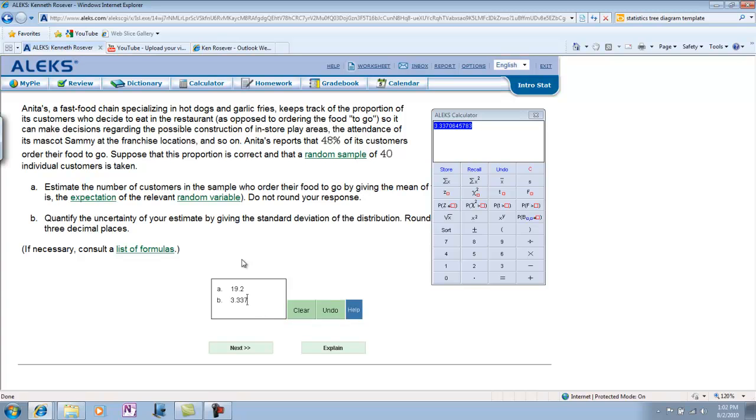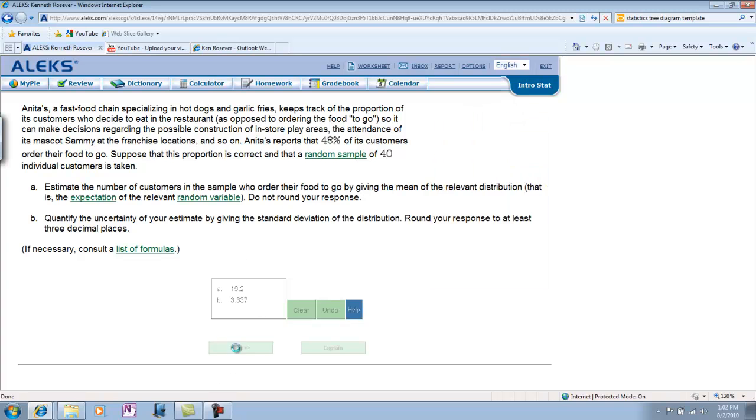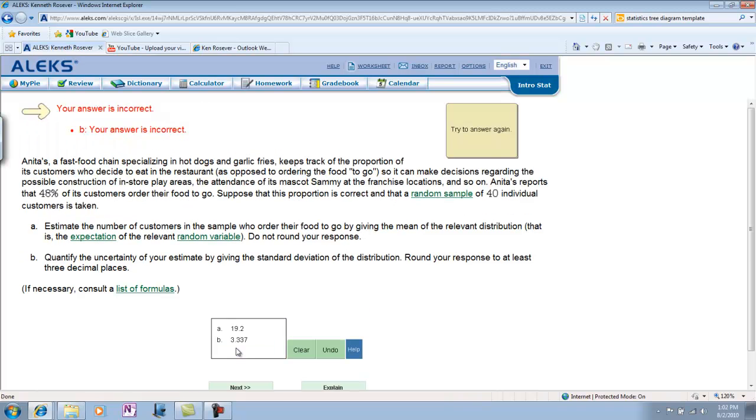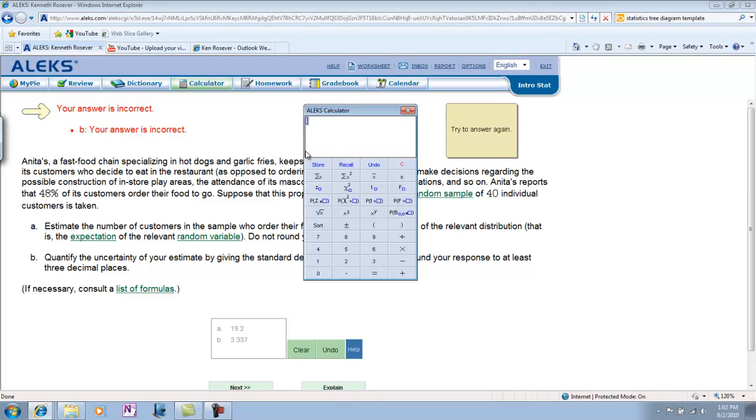Okay. And that is all she wrote for that problem. Oh no, what did I do? Your answer is incorrect. What did I do? 0.48, 0.52, 40. Let me calculate it again.